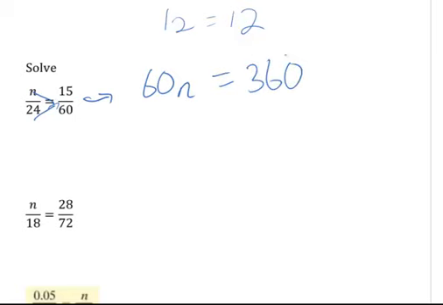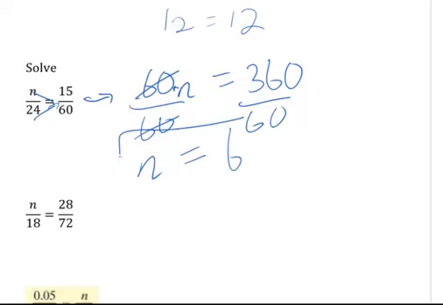Now, what I really want to do here is I want to solve this equation for the letter n. The way I solve this is right now I just multiplied. So I'm going to do the opposite of multiply, which is to divide. These 60s will cancel, leaving me my n by itself. And if I take 360 and divide it by 60, I end up with 6.